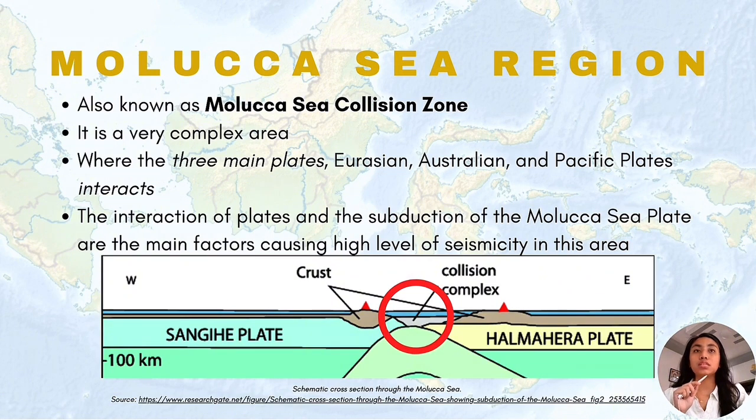So this cross-section illustrates the unique tectonic setting beneath the Molucca Sea region, where two oceanic plates, the Sangihe Plate and the Halmahera Plate, are both converging and subducting toward each other. This rare double subduction system results in a collision complex at the center.